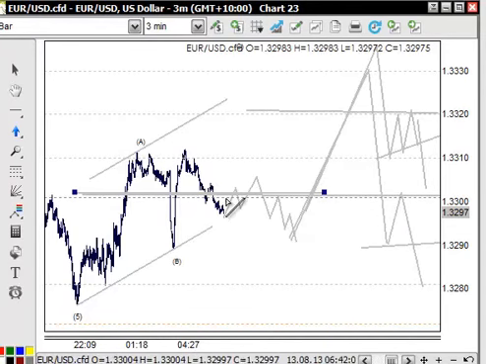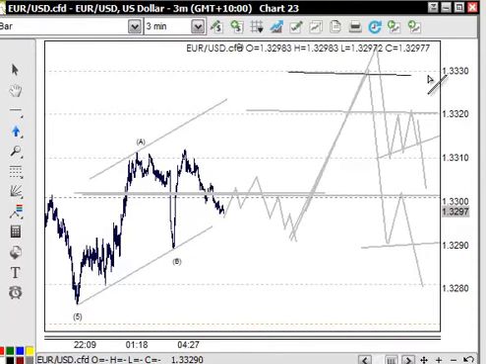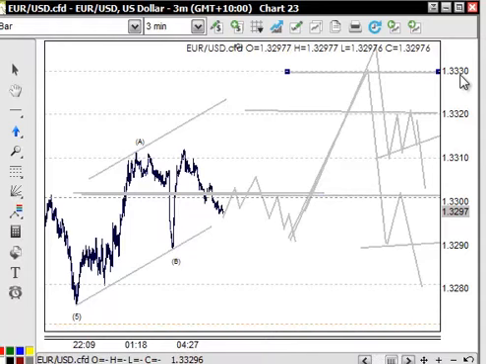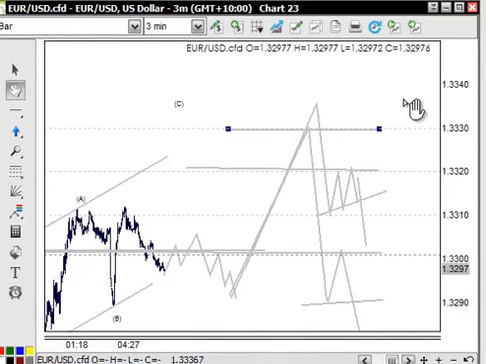So if it does find support here, and the same with this one as well, on another degree smaller, this is also a group 1 up here, these 3s as well. So finding support here would put the market back up into the 50-60% retracement level up through here.